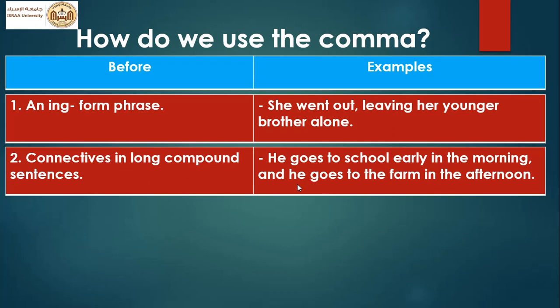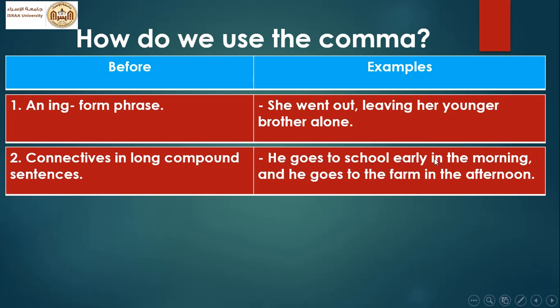We have simple sentences, compound sentences, complex sentences, and compound complex sentences, and this will be explained later in other lectures. Compound sentences means that you are joining 2 simple independent sentences together using and, using but, using so, and as we will see. Look at the example here.